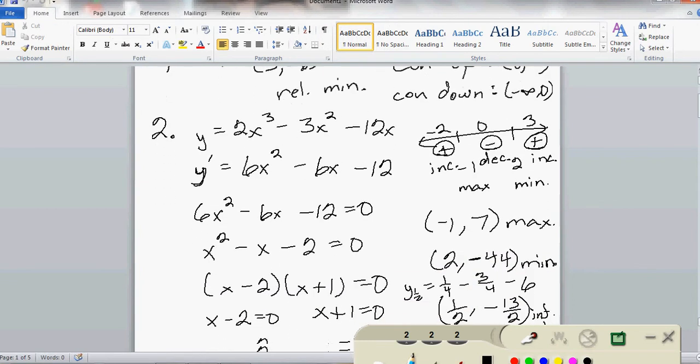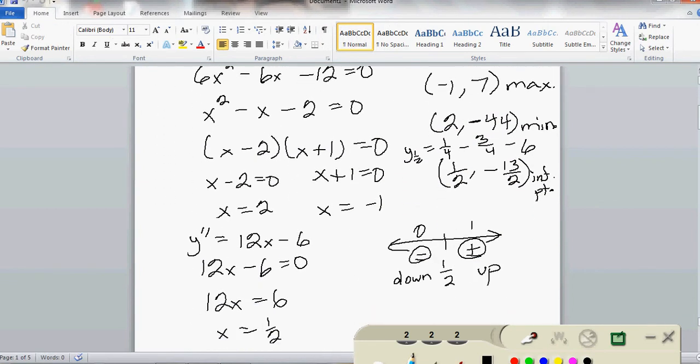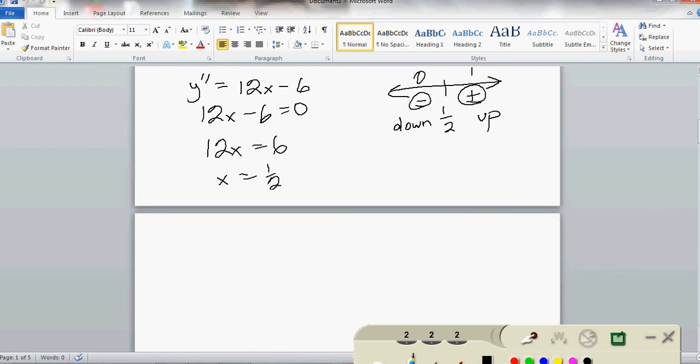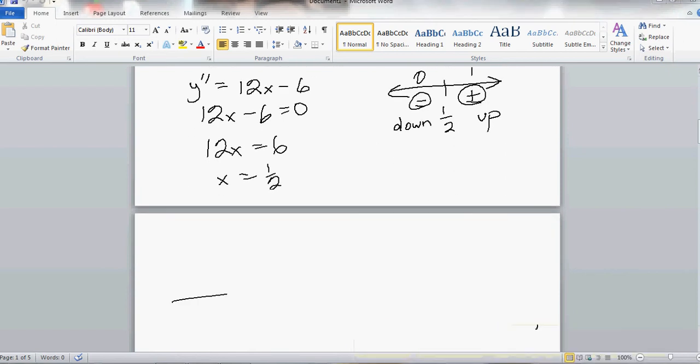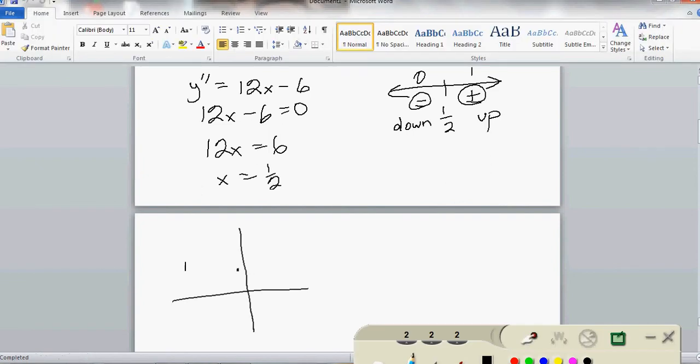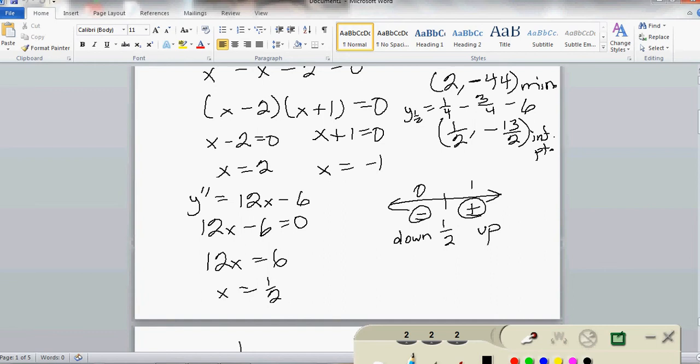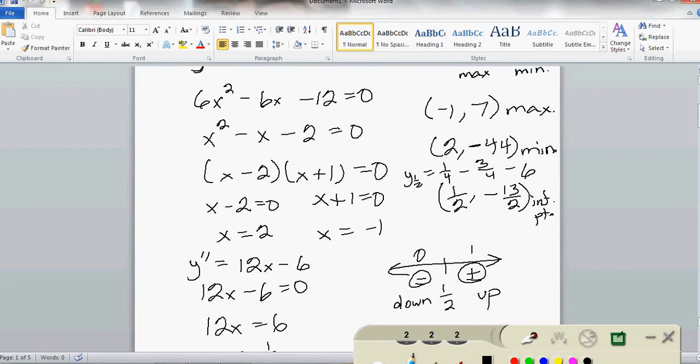So now I'm finally ready to put this all into a graph. I have negative 1, 7, and 2, negative 44, I believe.